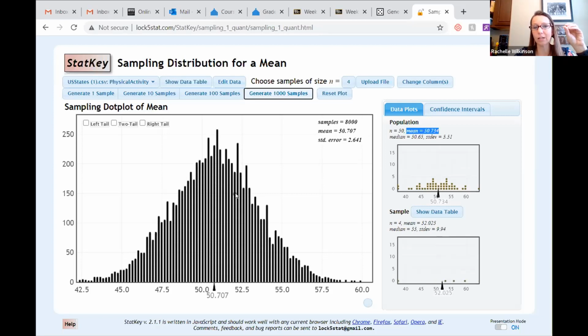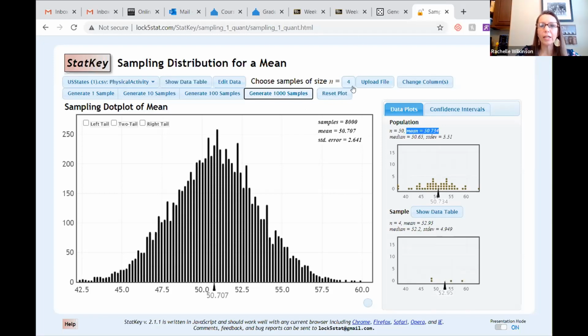Each of the dots on here, I can't see the dots anymore, they're all blended together, but each dot is a mean calculated from 4 states. This number of samples is the number of times that I take a sample of size 4 and compute the mean. So you see the difference there? The distinction is important.